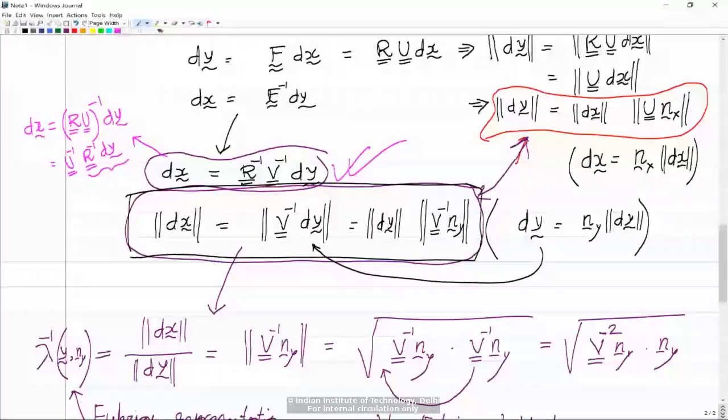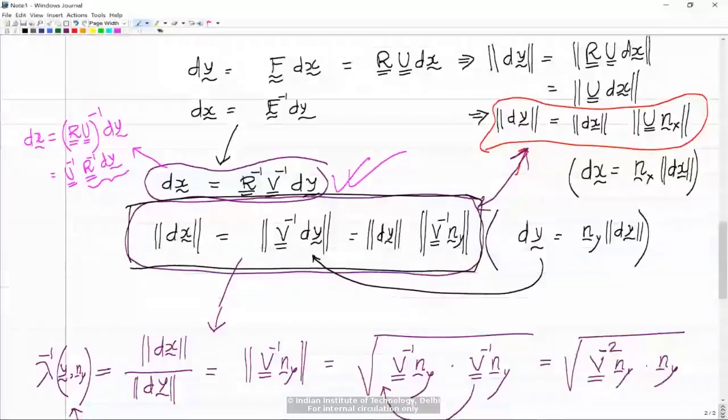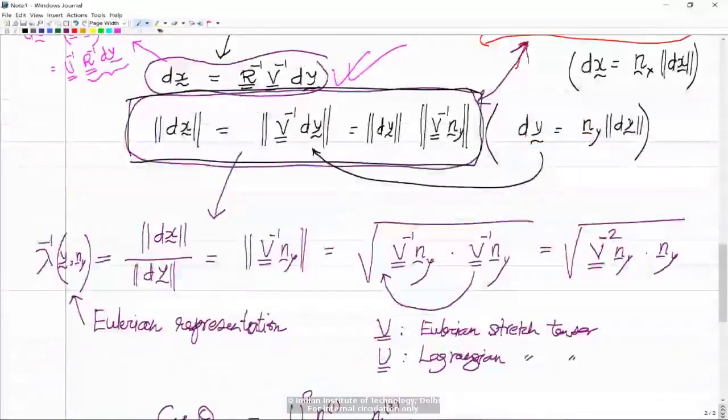And also, when you worked out these Eulerian formulas, you can see that it is v inverse which is appearing in a very convenient way. And of course, you could have thought that because v and u are related, v is r u r transpose, then why don't I write v inverse as r times u inverse into r transpose.